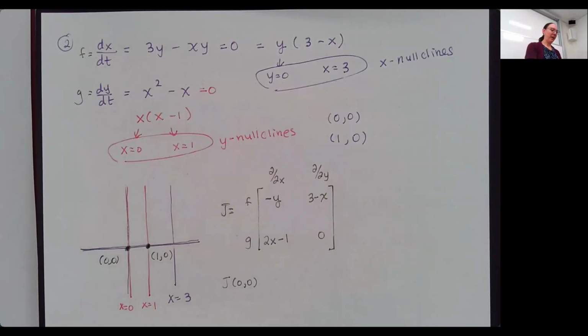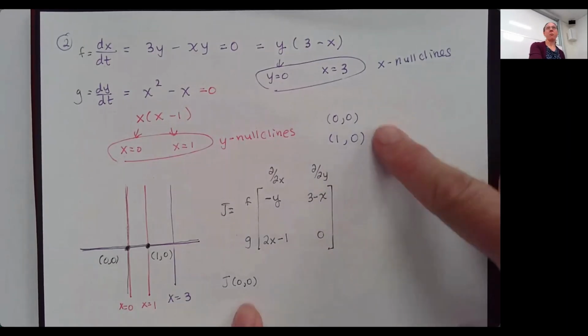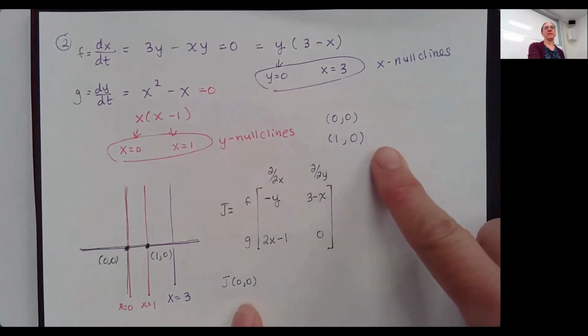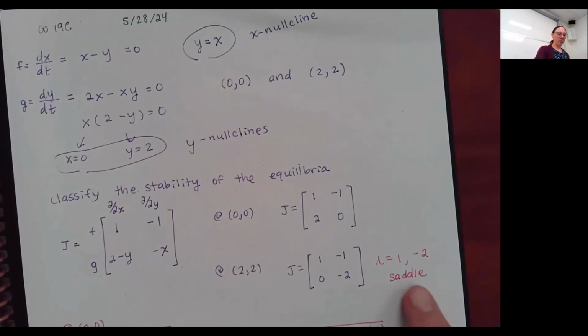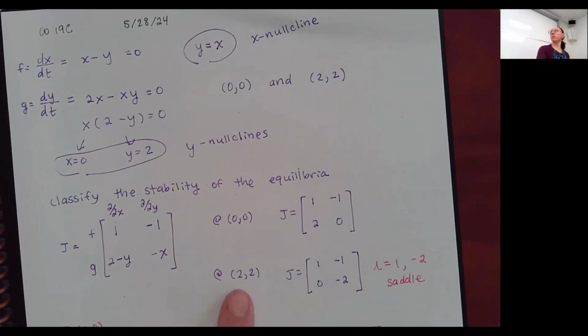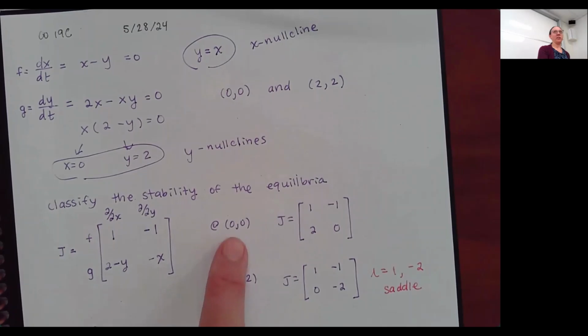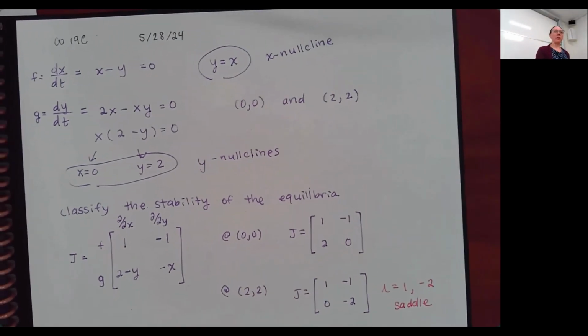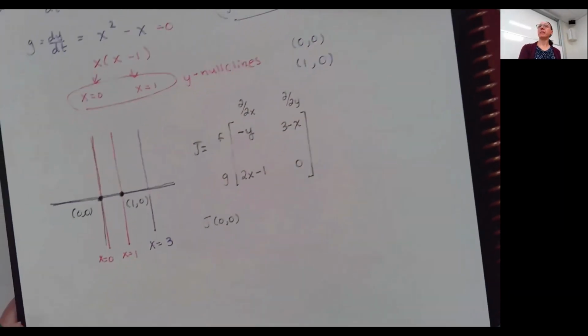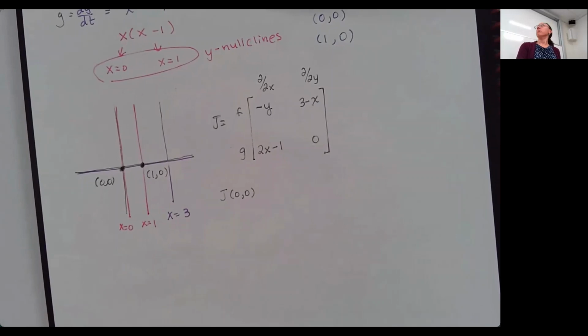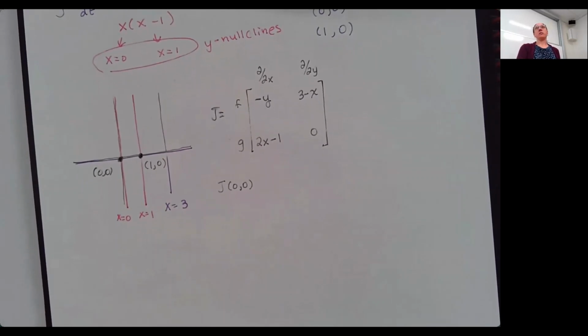So the behavior at (0, 0) might not be the same as the behavior at (1, 0). Just like in the previous problem, we had a saddle point near (2, 2) but an unstable spiral near (0, 0). So each potential equilibrium is going to have a different behavior around it. I don't know if that answered your question.